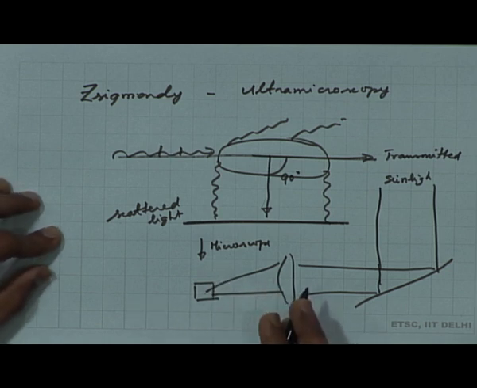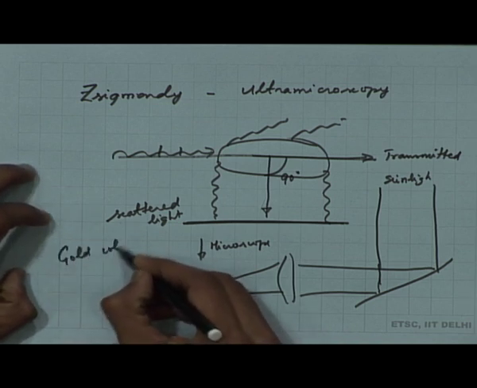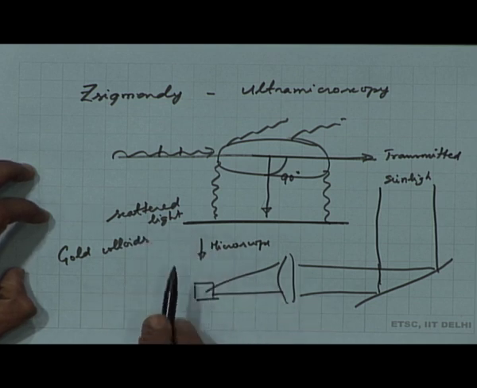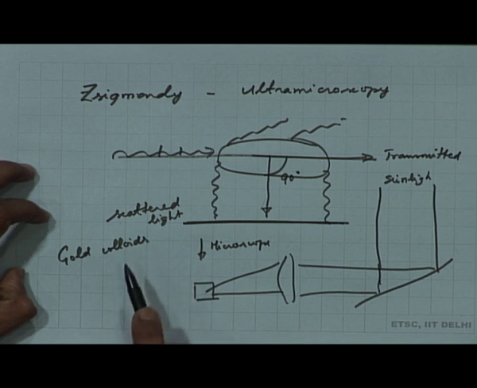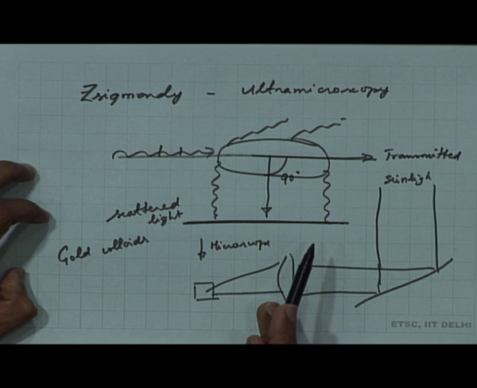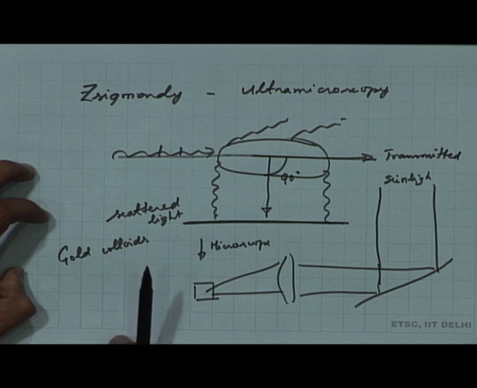So, if you took, for example, gold colloid, and gold colloids are very important because around the 1860s, Michael Faraday synthesized some gold colloids which are still present in England. So, you can imagine, 1860 to 2020, almost 150, 200 years, these gold colloids synthesized by Michael Faraday are still present in England.